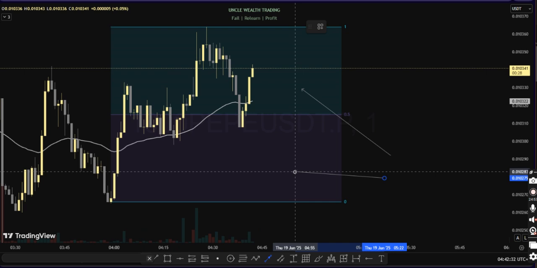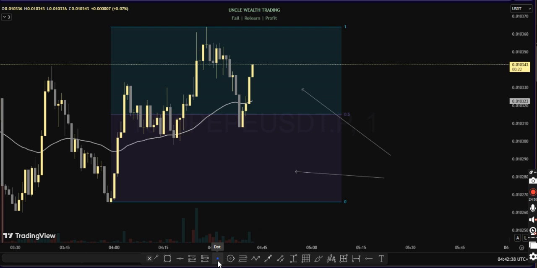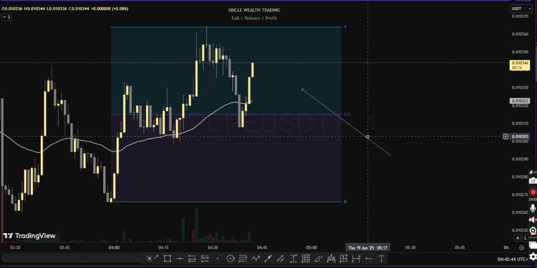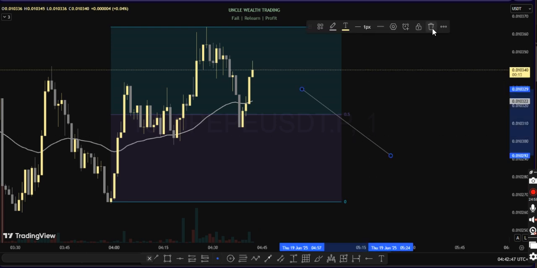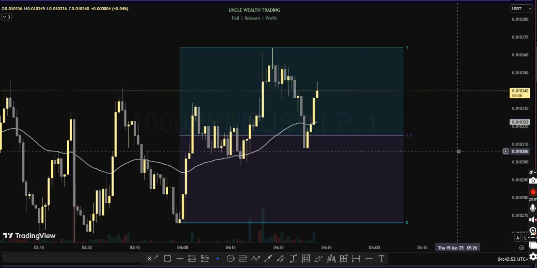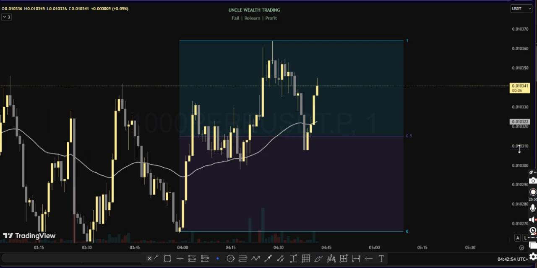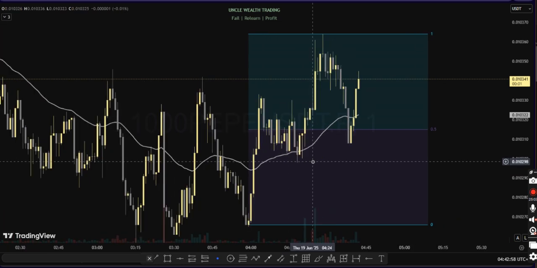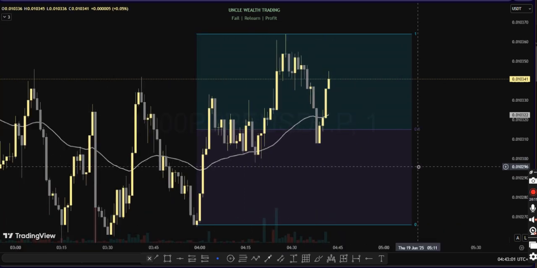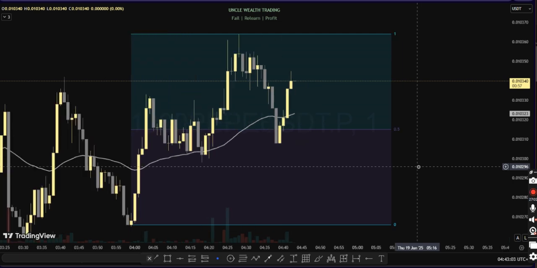So you want to enter buy trades at the discount zone and enter sell trades at the premium zone. So make sure that there's confluence with your higher time frame, and this will make sure that the trades you enter are going to be high probability trades to give you profits.